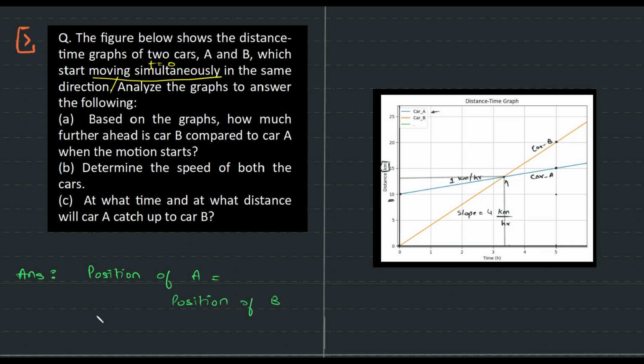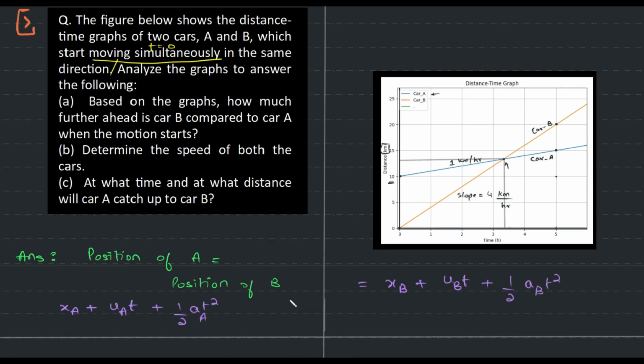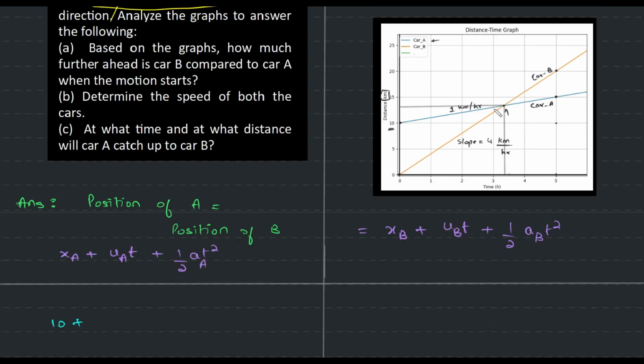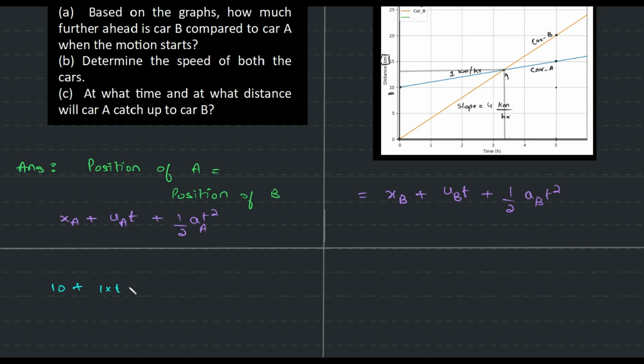That's the funda. So how do you figure out the position? Well, the initial position plus the velocity into time plus half a t square. We need to add the subscripts. So this is equal to XB plus UBT plus half ABT square. This is 10. UA is 1 times what we need to figure out, t.